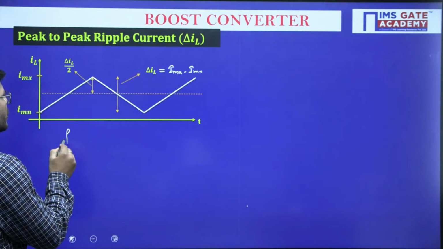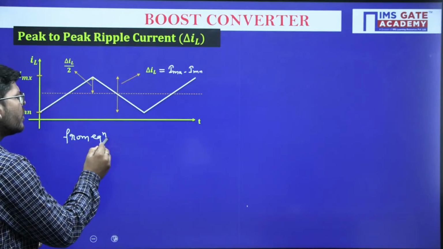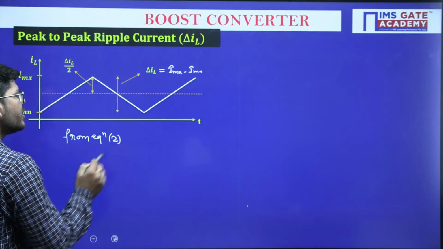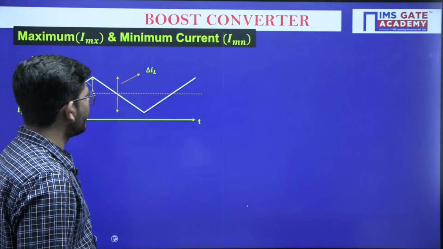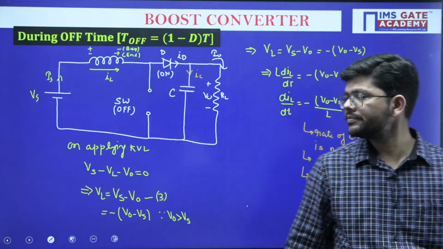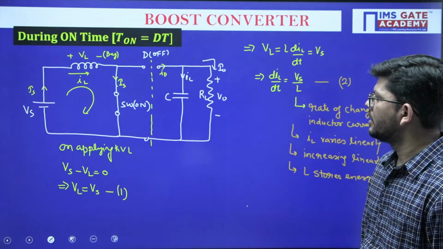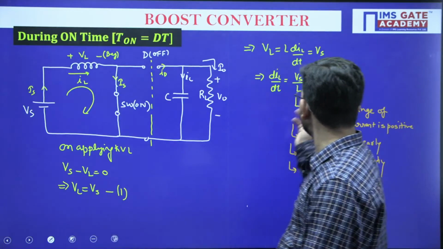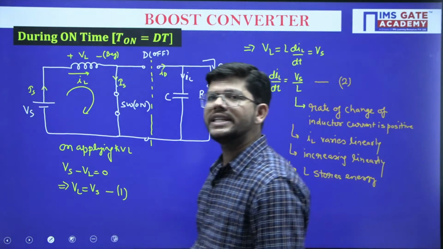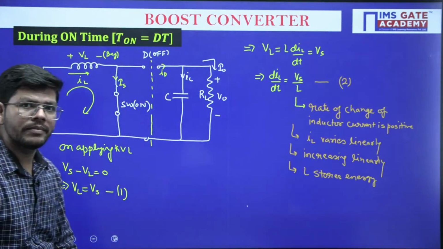Let me take equation number 2, or you can also take equation number 4 as well. So what do we have from equation number 2? Equation number 2 is dIL by dt equals Vs upon L, and that we have obtained during the on time, isn't it?